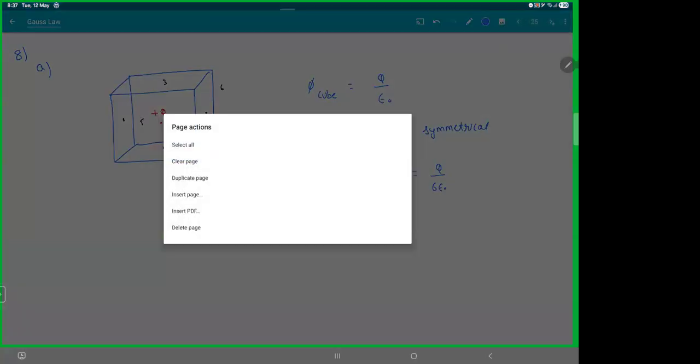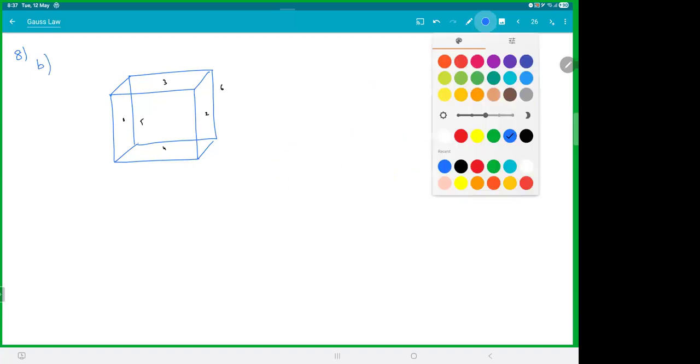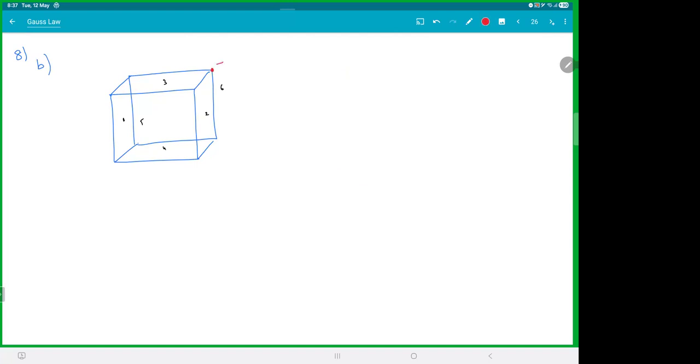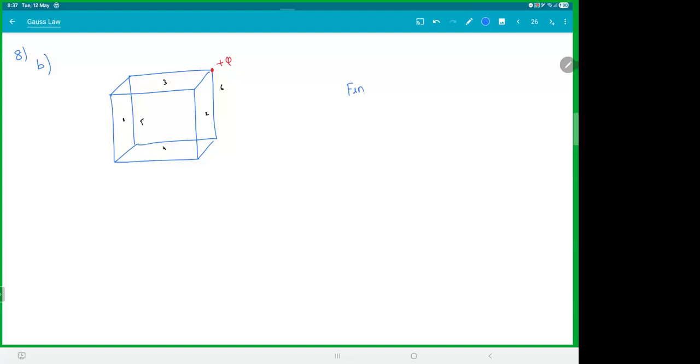Now let's build it up a little more. The same cube, but this time I kept the charge in the corner. Find the flux through the cube and the flux through each face. The center was easy. What if you had kept it at the corner?